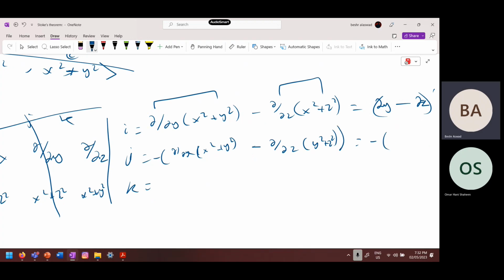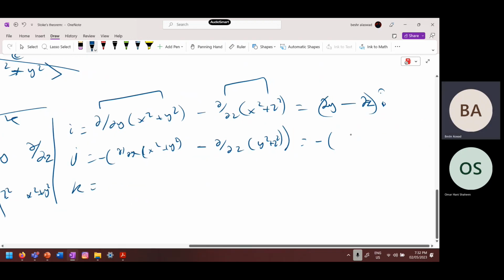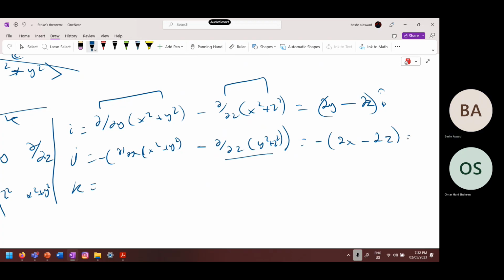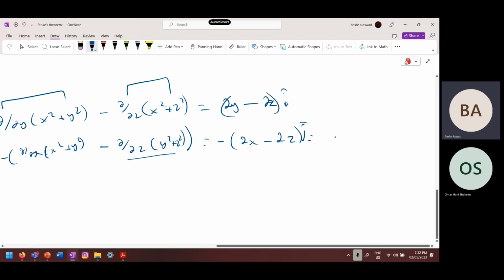This gives you negative 2x minus this term now, minus 2z. That's equal to 2z minus 2x j hat.